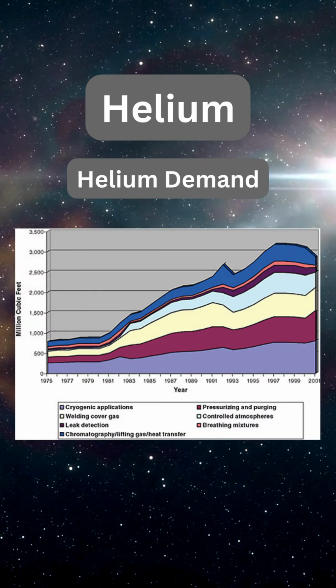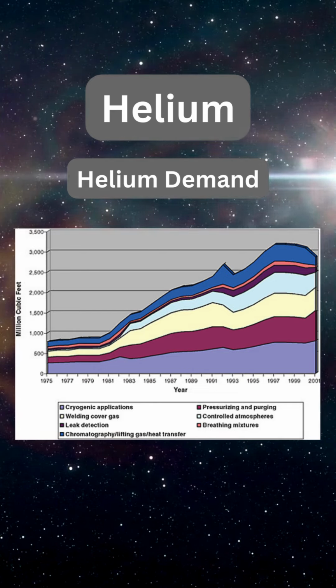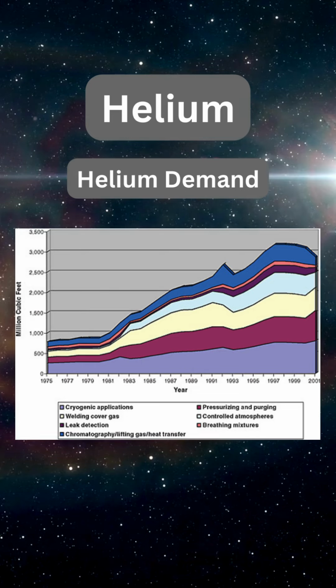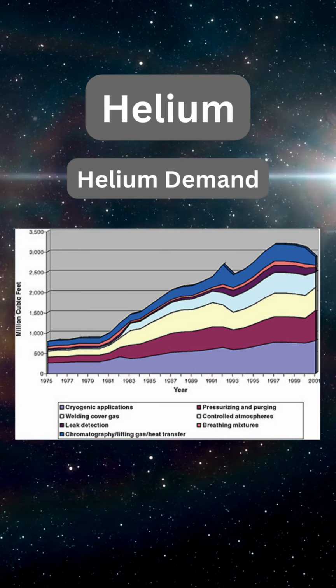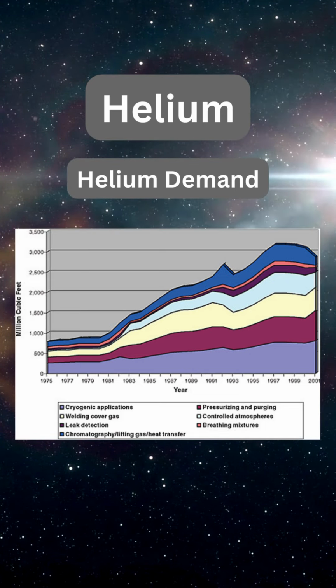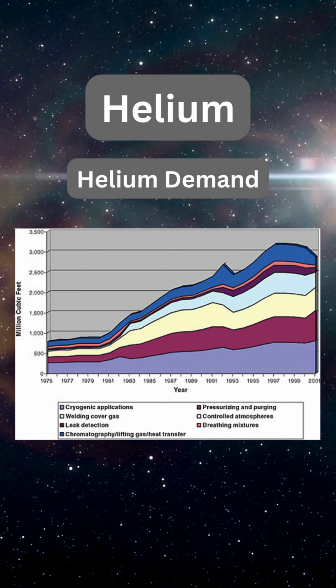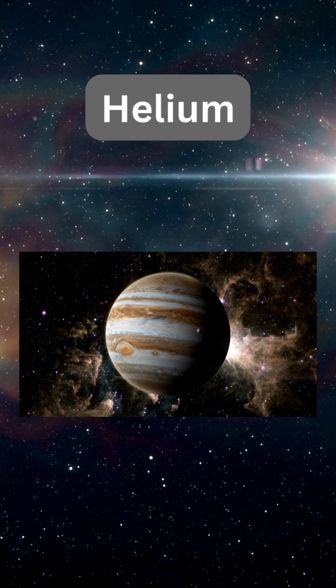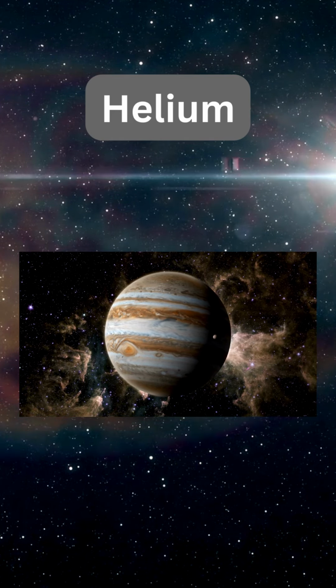Helium supplies in the future. As helium demand continues to rise, there are concerns about potential shortages. It is crucial for us to explore alternative sources and promote responsible helium use to ensure the sustainable future of this extraordinary gas. Beyond the Earth, the gas planets such as Jupiter, Saturn, and Neptune contain large reserves of helium.